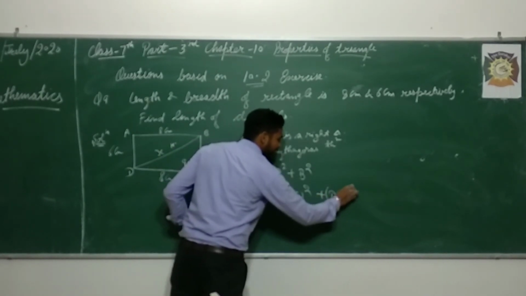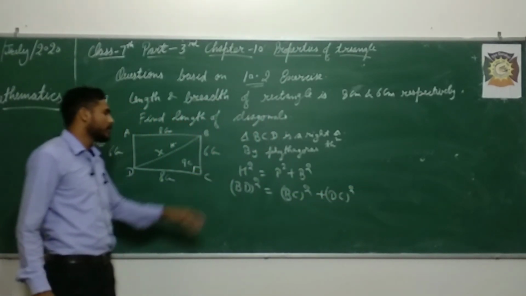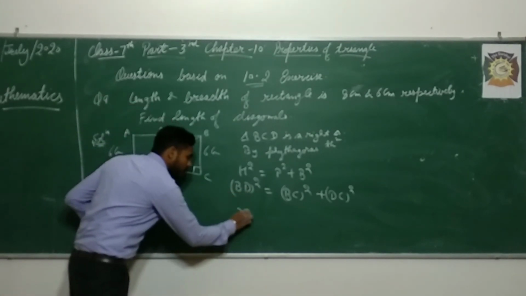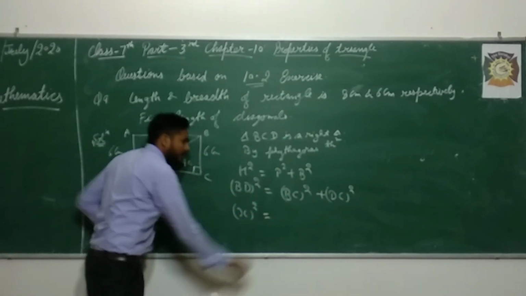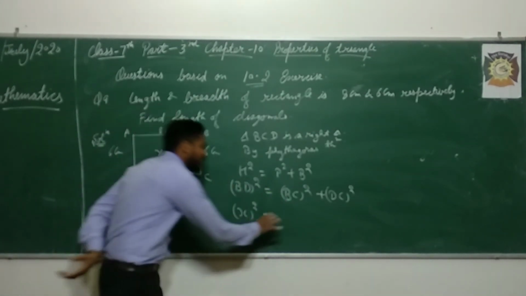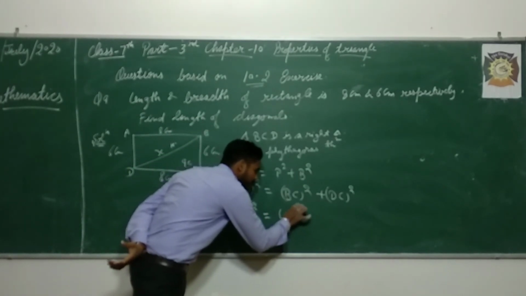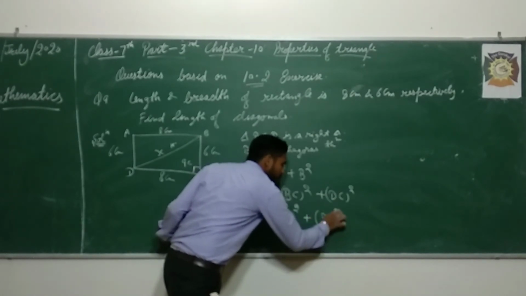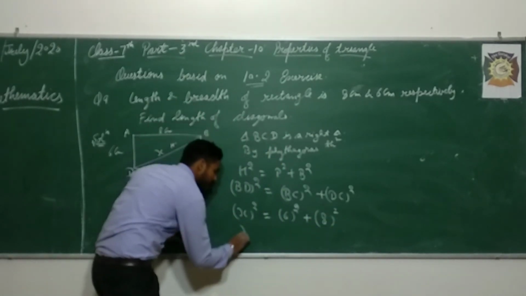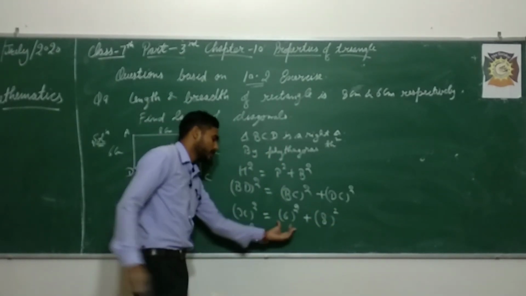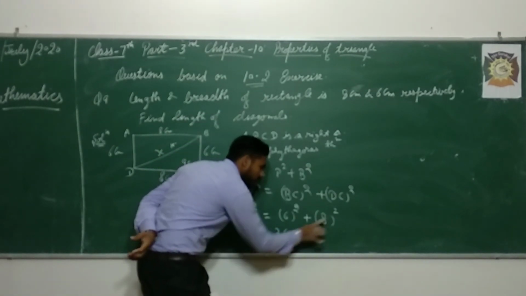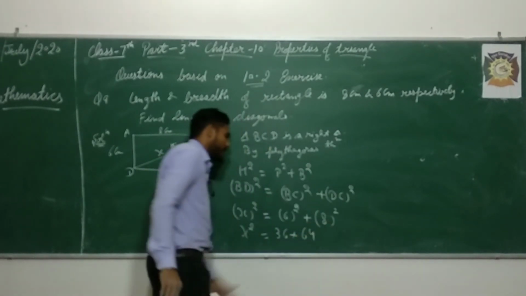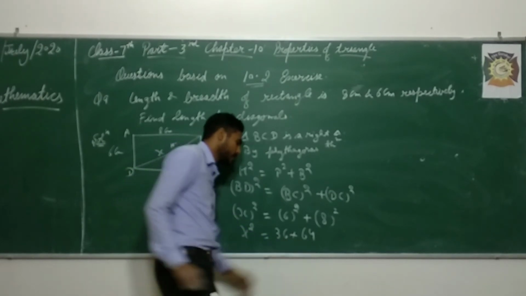Now put the values. BD is equal to x, so x square. BC is equal to 6, so 6 square, plus DC is given as 8, so 8 square. It means x square is equal to 6 square, 36, plus 8 square, 64.